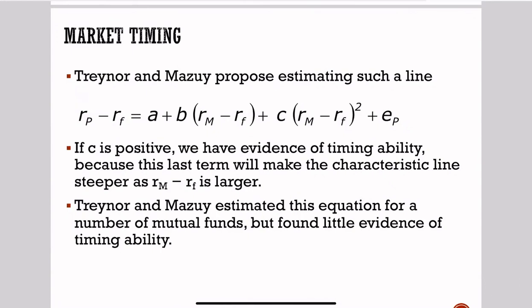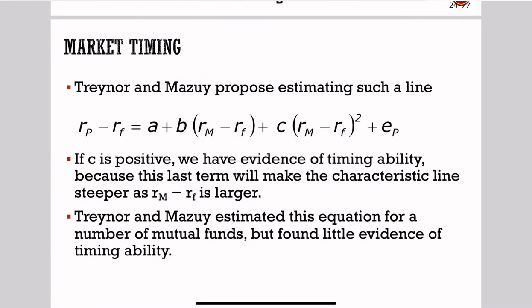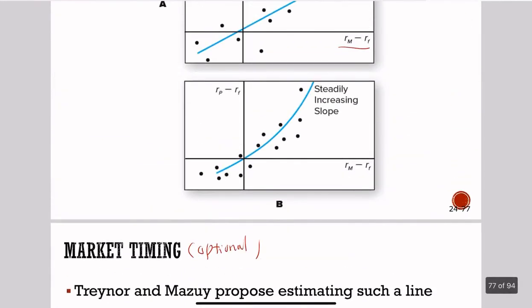Mathematically, I should say this is definitely optional, because again, this requires linear regression. So how do you find out this line, right?